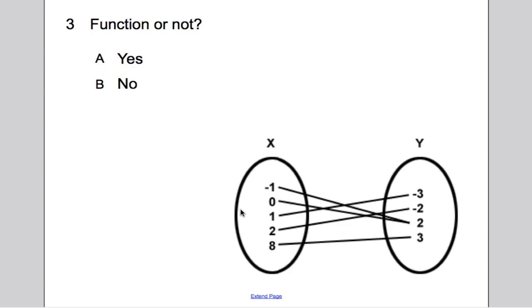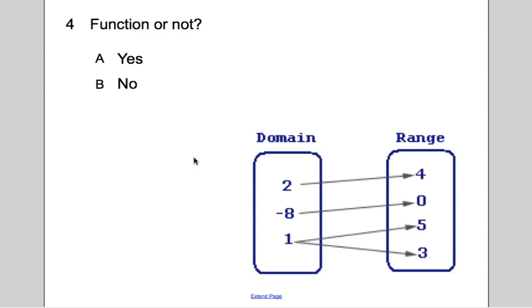Function or not? Well, here we have 2 particular x's going to one output answer, but for every x we look at, it goes to one answer. So it is many to 1, and it is a function.